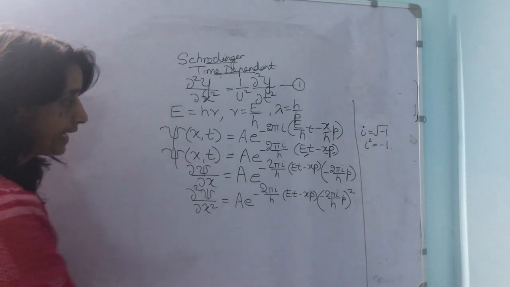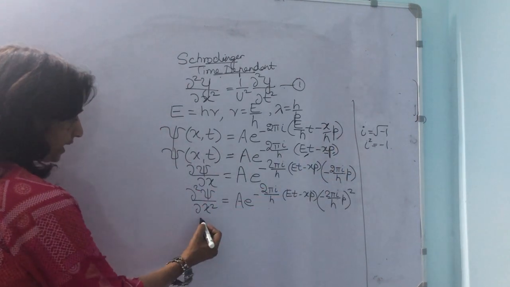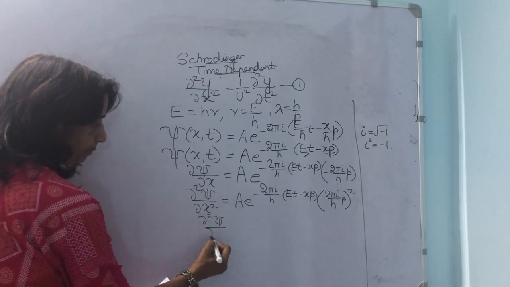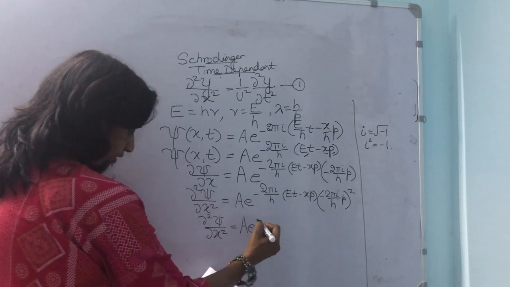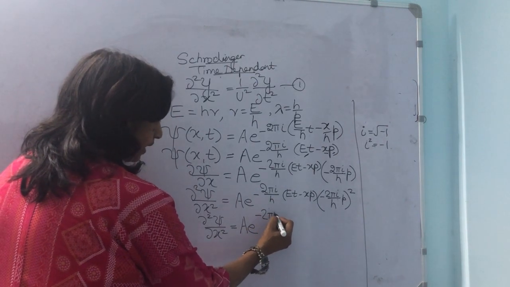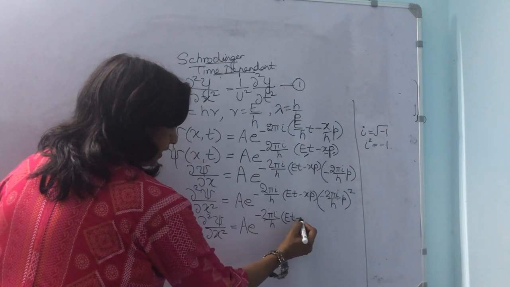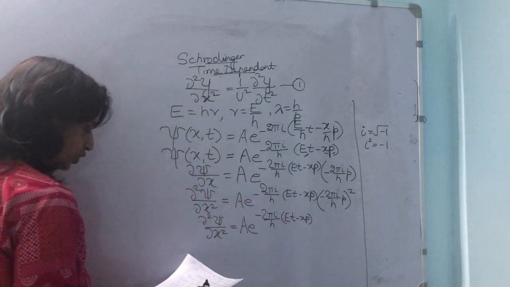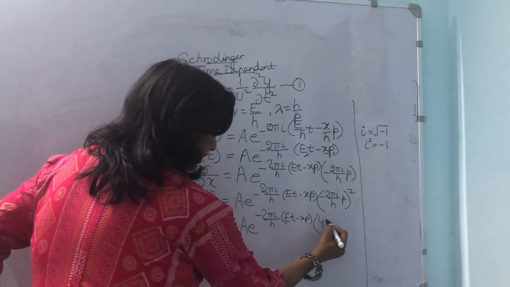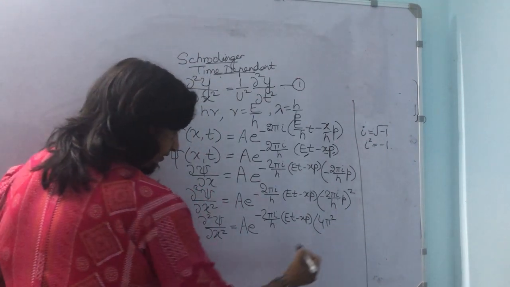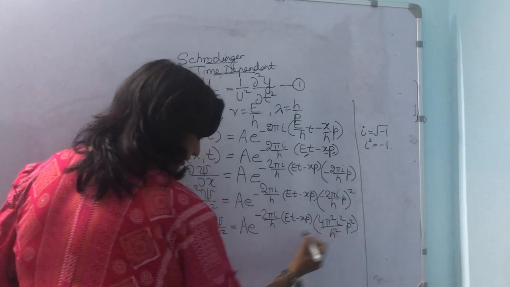Now we will use i square is equal to minus 1. So we get del 2 phi by del x2 is equal to a e to the power of minus 2 pi i upon h into Et minus xp into 4 pi square i square upon h square into p square.